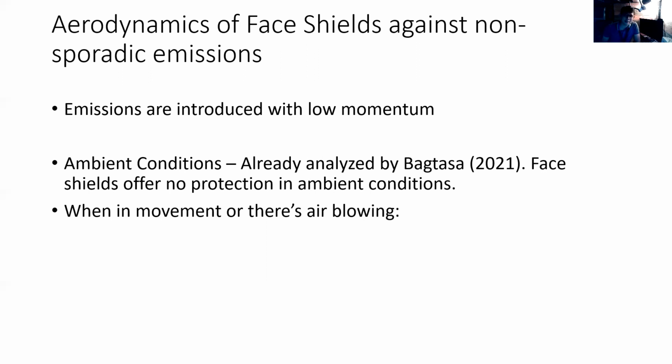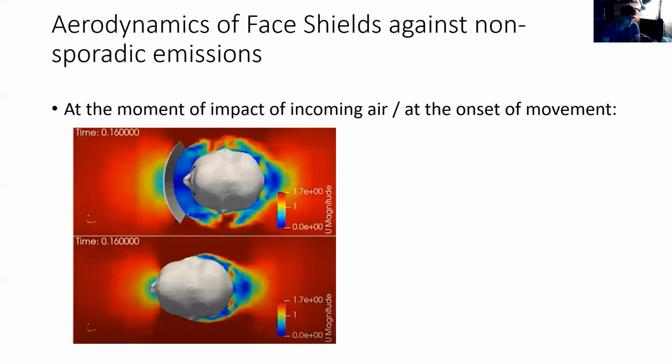What I've considered in the series of simulations that I've done is, what if there's movement? What if the wearer of the face shield is moving across space, or sadly, moving across contaminated space, and what if there's air blowing towards a person's face? At the moment of impact of the incoming air, for example, from an electric fan, or the moment you begin your movement, at the onset of movement, this is what happens.